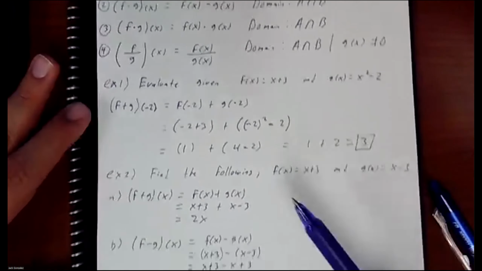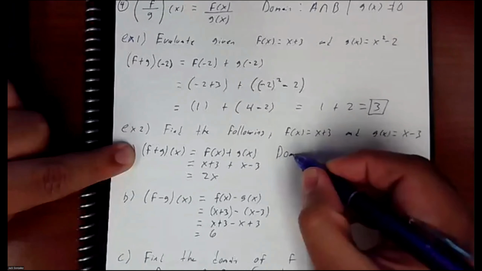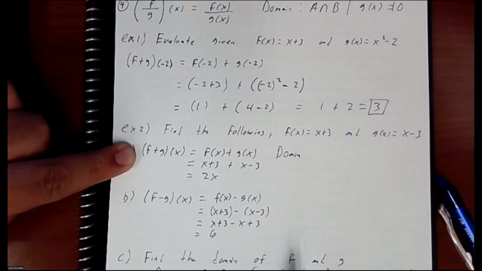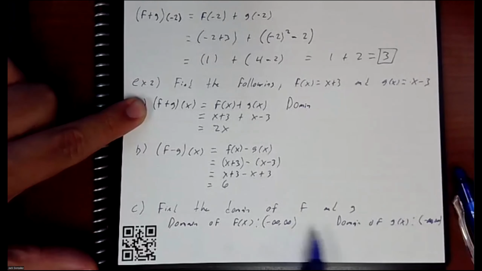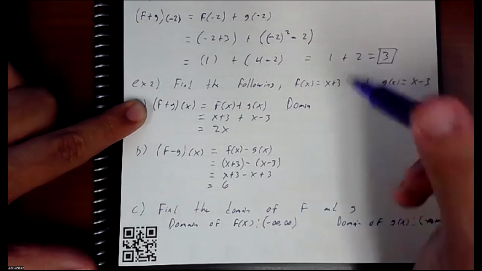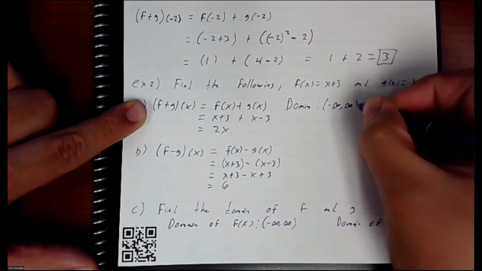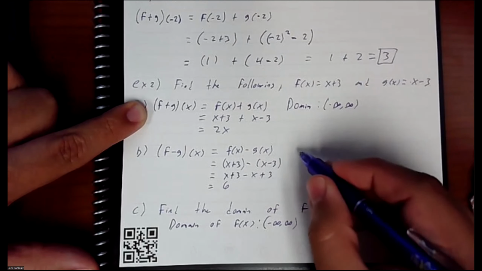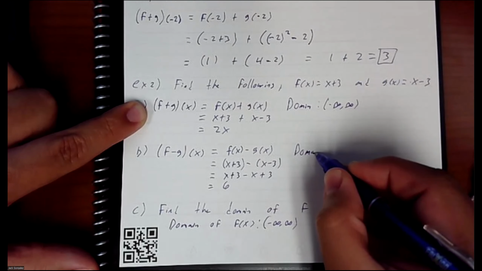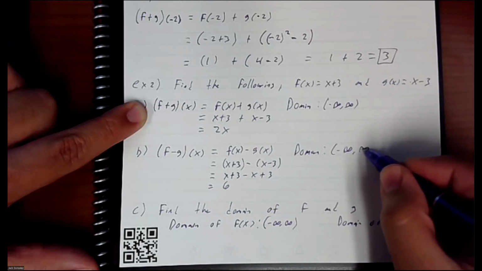So for the domain for this one, you would just combine this one and that one, which is the same thing, right? If you combine the same all real numbers, it's still all real numbers. Does that make sense?